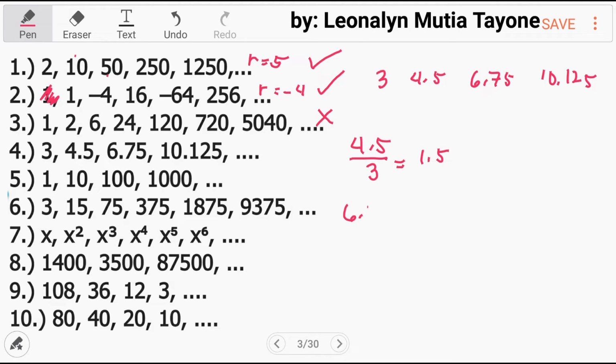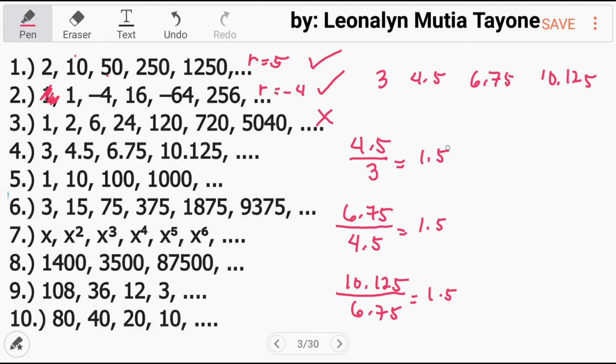Next, 6.75 divided by 4.5, and that is again 1.5. By the way, meron tayong separate video on how to divide mga decimal numbers. Next, itong 10.125 over 6.75 ay obviously is equals to 1.5.